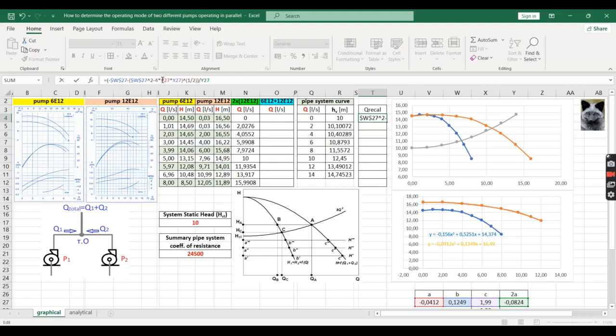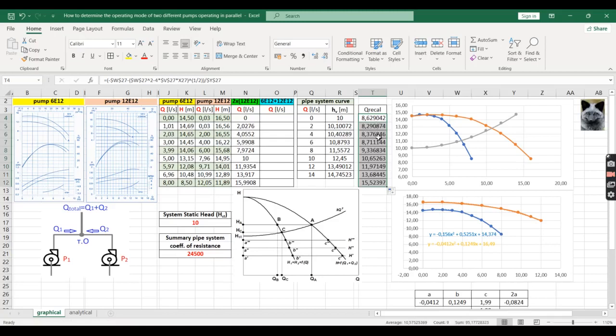To simplify the calculations, the only changing parameter will be the coefficient c. So I will not insert this symbol here. Okay, and now let's obtain the rest of the values.